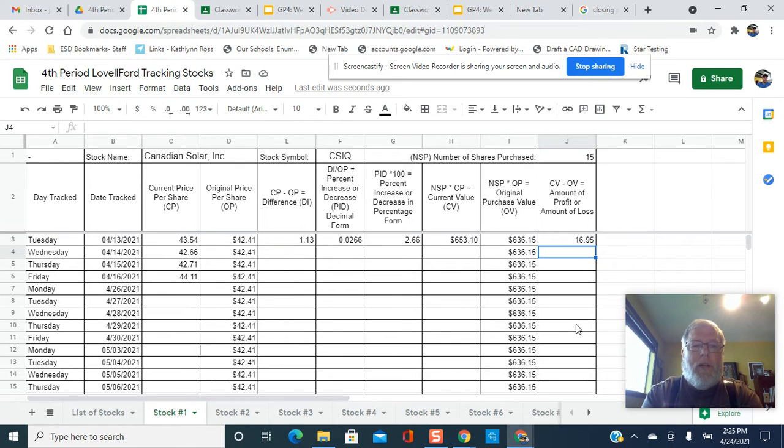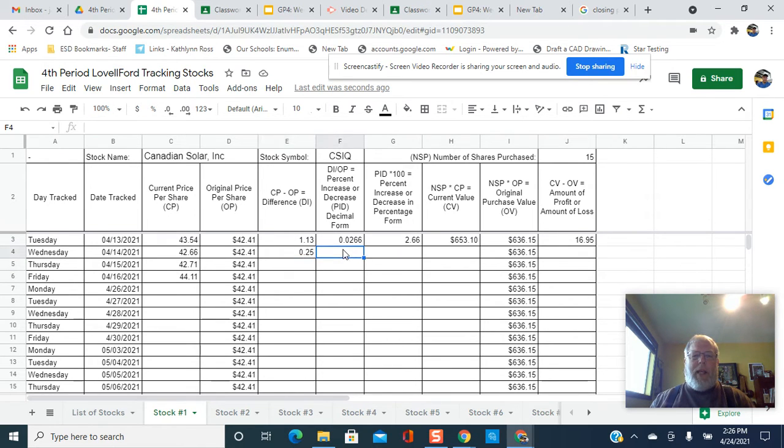All right. Going through that same process again, let's subtract 42.41 from 42.66. So equals 42.66 minus 42.41, and we come up with 0.25.